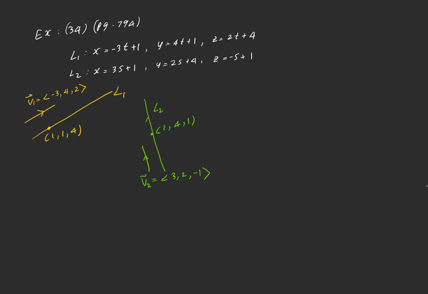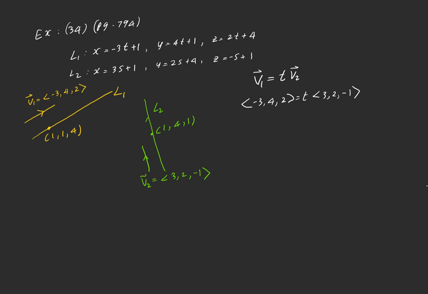Then how do we check whether these two lines are parallel? We have two direction vectors. If these two lines are parallel, the direction vectors must be parallel. If so, we can find a scalar t such that V1 equals t V2. Right, V1 vector is (-3, 4, 2) and V2 vector is (3, 2, -1).